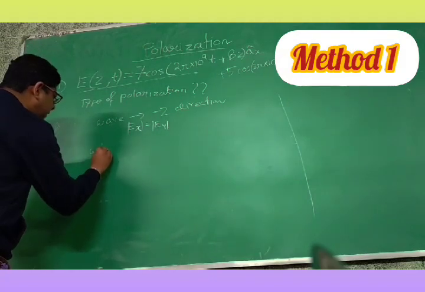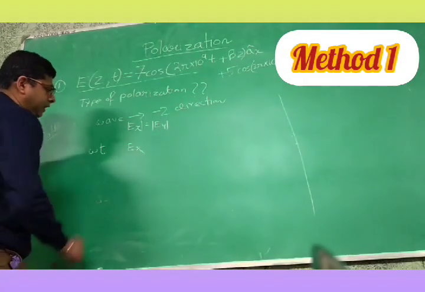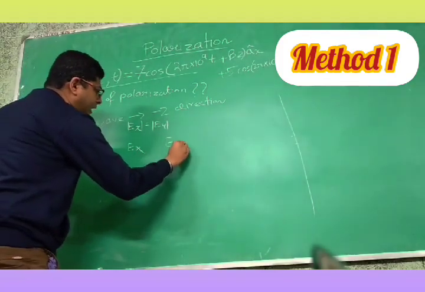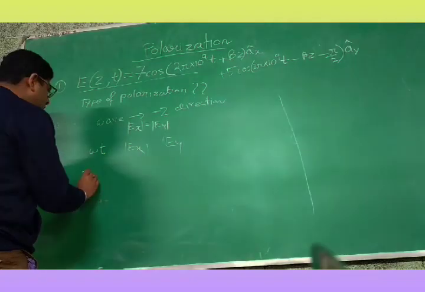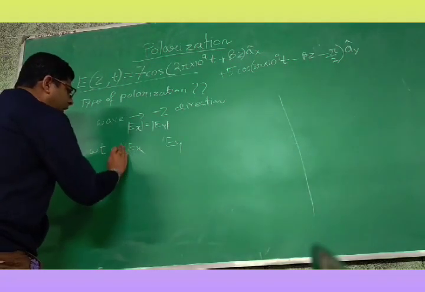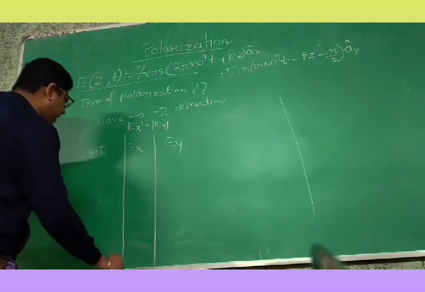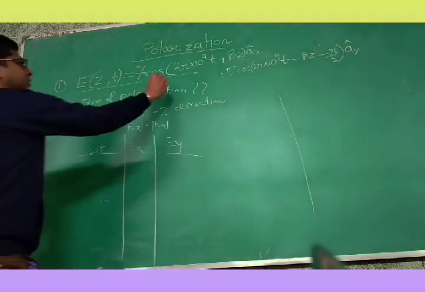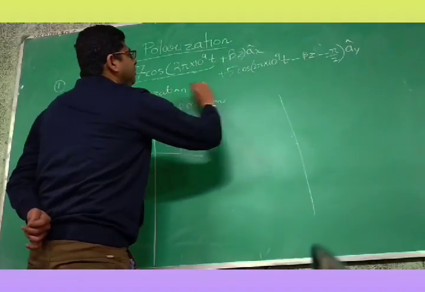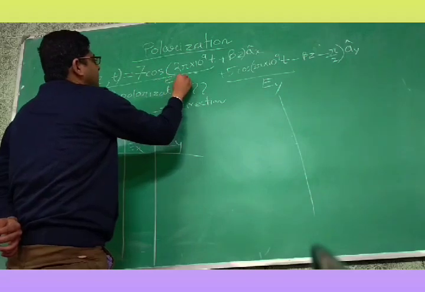Write omega t, then write Ex, then write Ey, and let us make a chart. Ex is this one, Ey is this one.